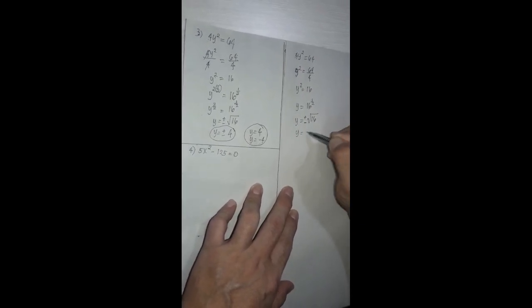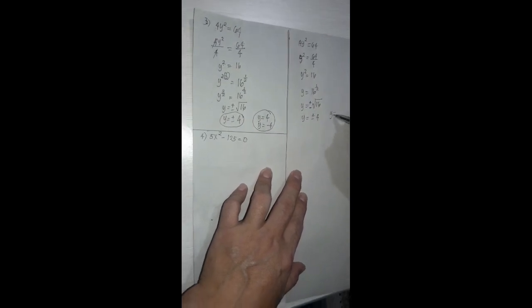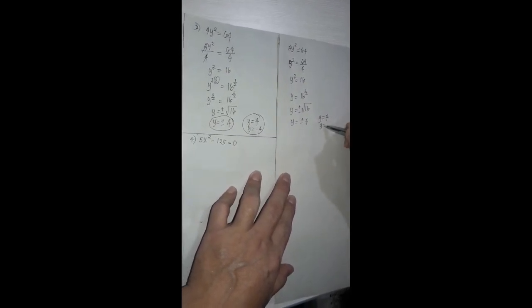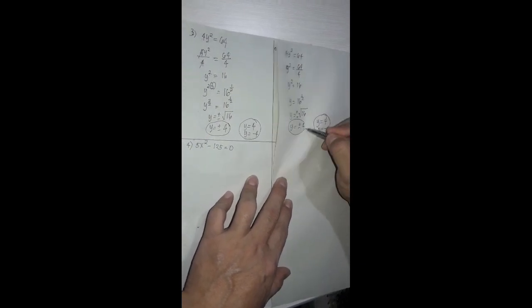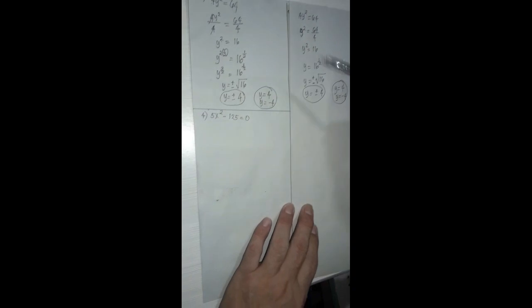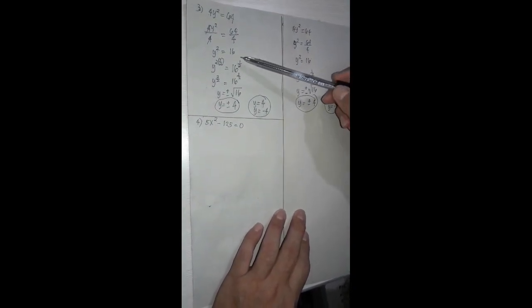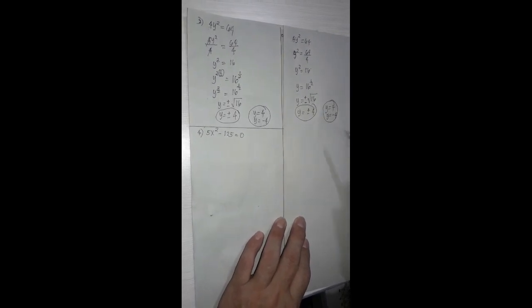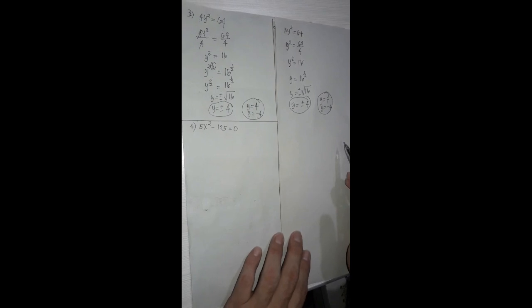So y is equal to positive and negative 4. Or you can have y is equal to 4 and y is equal to negative 4. Okay, these two are the same. So whether you do the shortcut method or the long method, we will get the same answers.